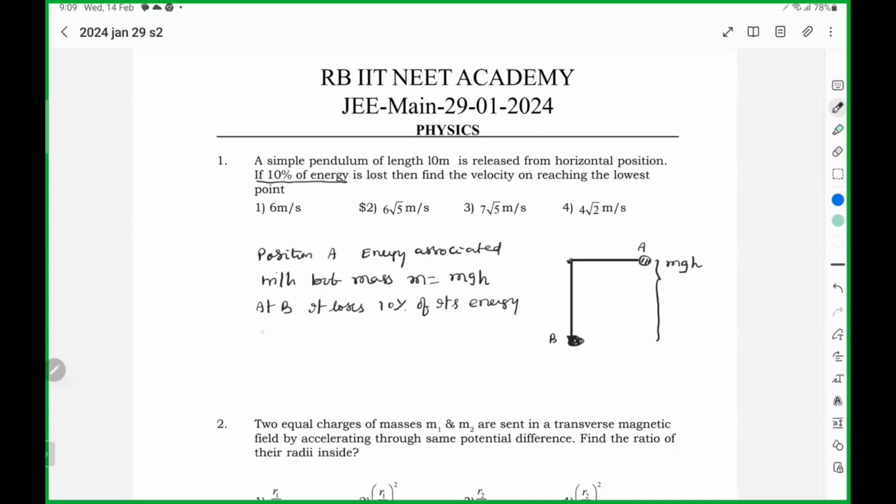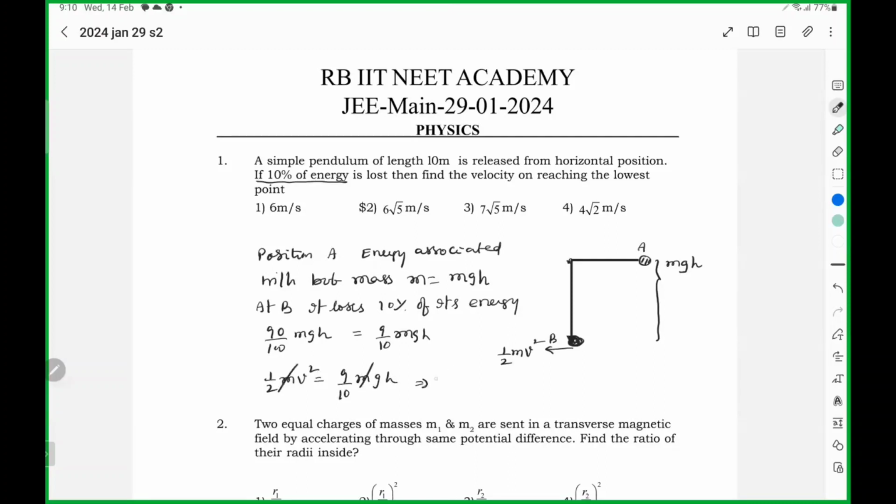So, what is the energy now associated with this at B? 10% it loses means energy now associated with this bob at B is 9 by 10 mgh. With that energy, it converted to kinetic energy. Half mv square is 9 by 10 of mgh. m gets cancelled.